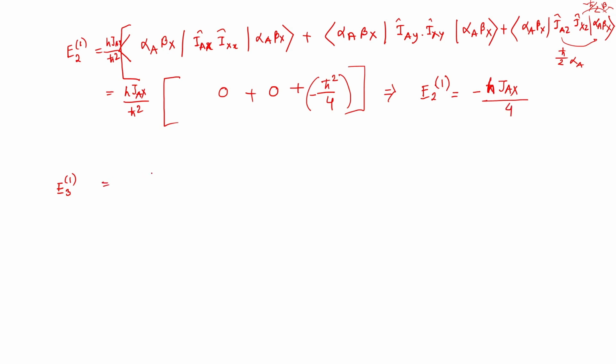And similarly for this also, here I'll write once the main formula, Jx h cut square. Here, for beta a alpha x, it is Ixx beta a alpha x, and here I am going to get 0.